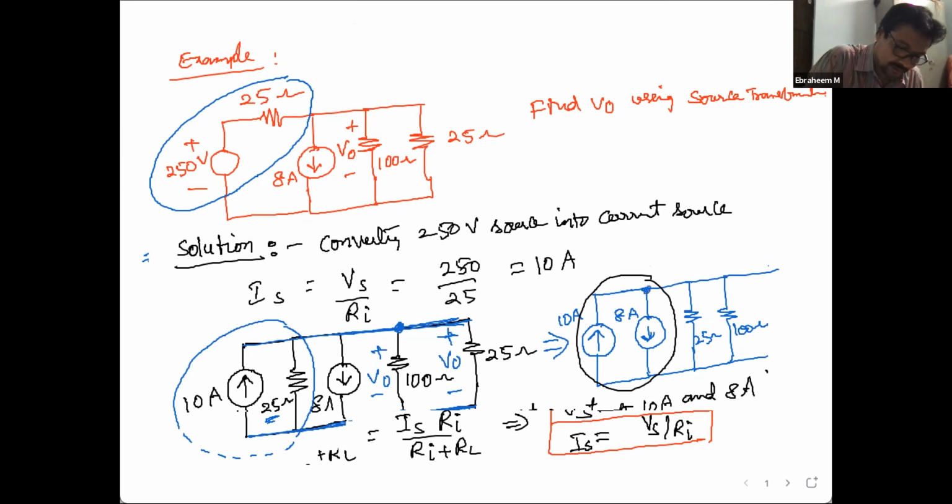This is the node. If you apply KCL, 10 amperes is approaching.